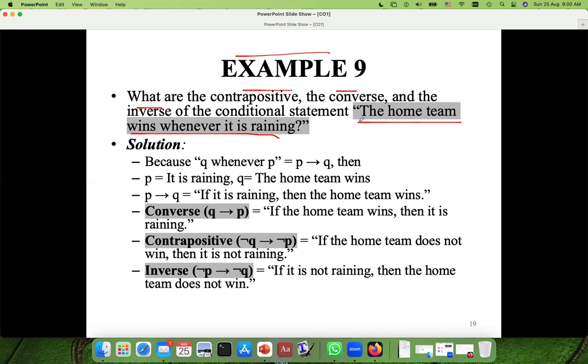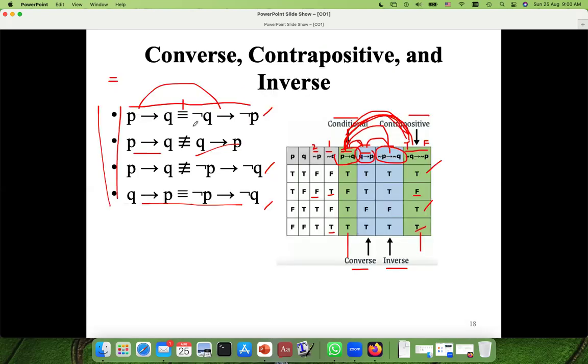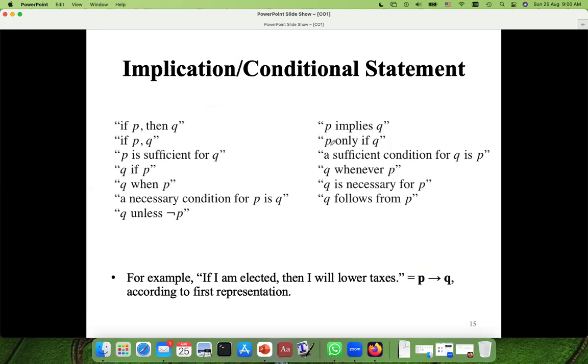If you look at this statement, the home team wins whenever it is raining. So there are two sentences connected with each other by this word whenever. This is the pattern: Q whenever P.